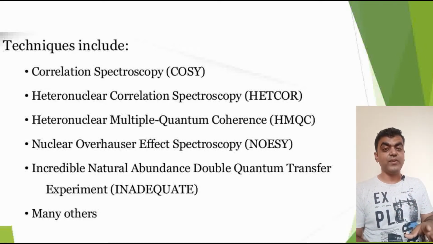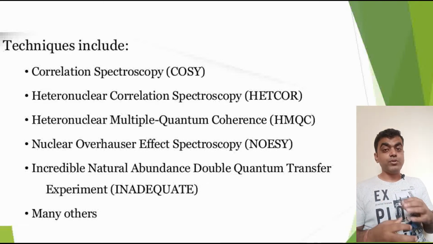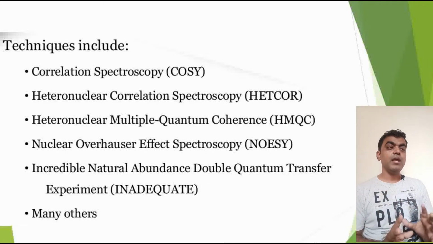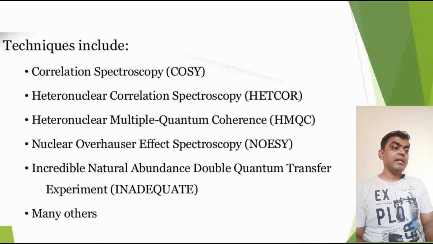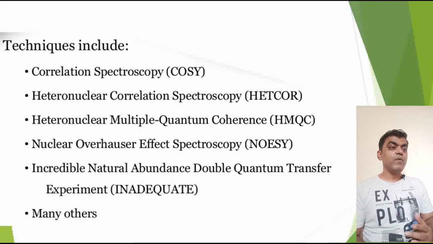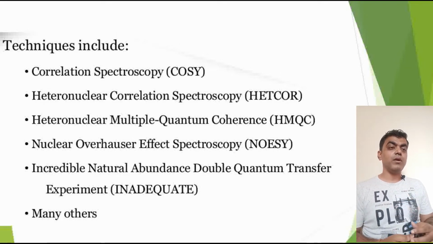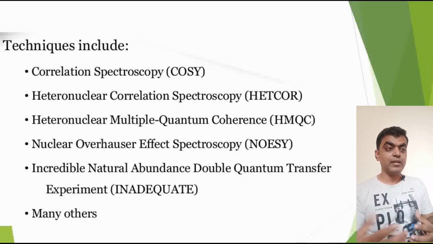The Overhauser effect is something where we are not only getting the bond information through the bond length, but we are also getting the spatial orientation in the close vicinity. So that is through NOESY. Then INADEQUATE, the incredible natural abundance double quantum transfer experiment, where the natural abundance is there, but we double the quantum transfer and then we get the information.